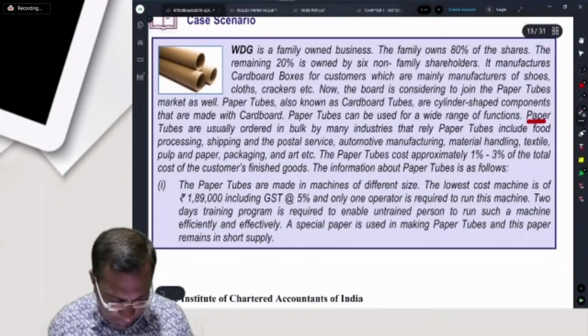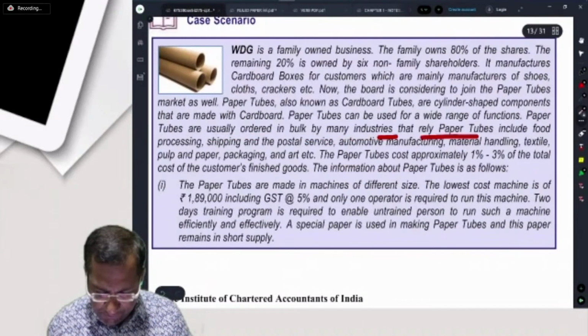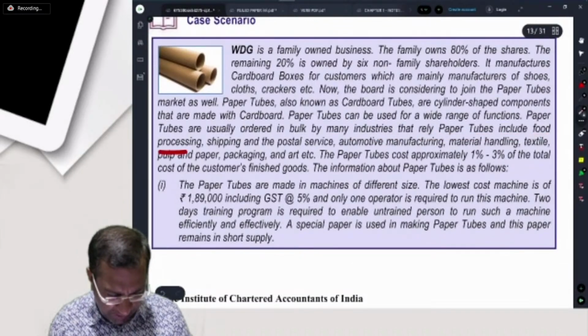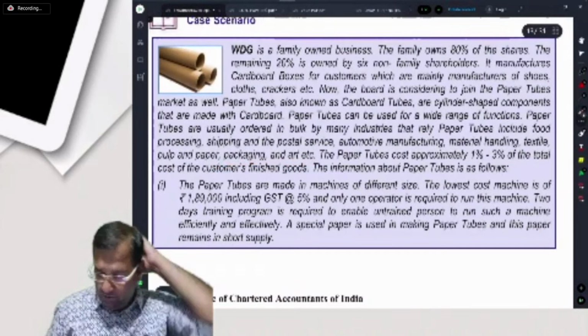The new product is usually ordered in bulk by many industries that rely on paper tubes, including food processing, shipping and postal services, automotive, material handling, textile, pulp and paper, packaging and art, etc. So what are the details?